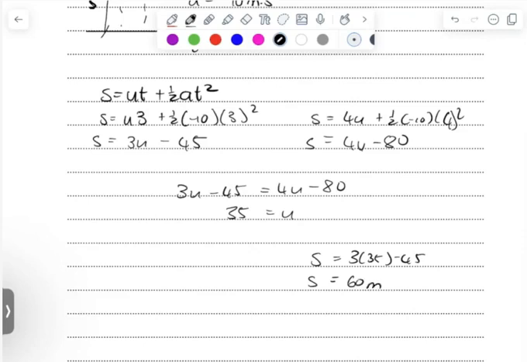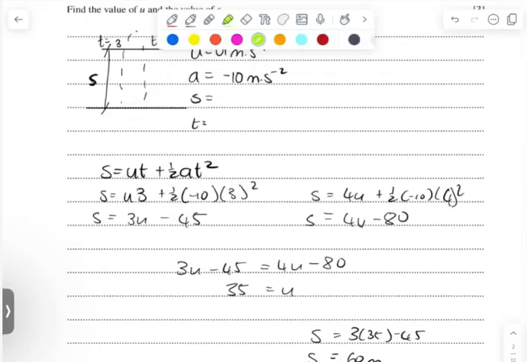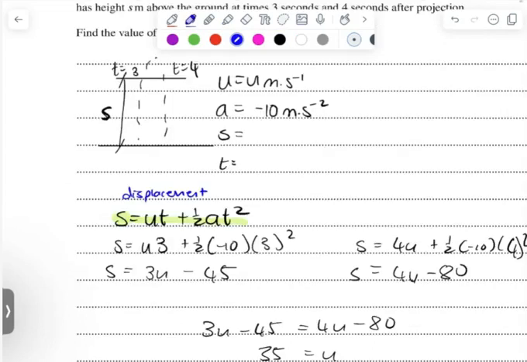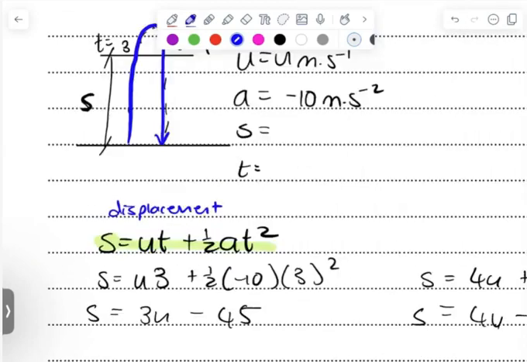Okay. Let me tell you why. I should have explained why before I started, but anyway, what you need to know is that these equations are vector equations. So this is an equation for displacement, not distance. Okay. So if I plug in all my initial values, so I'm going to say up is positive, but this thing is automatically in a quadratic shape.